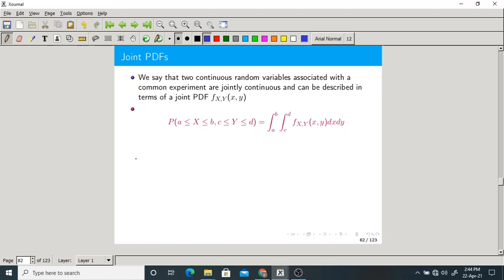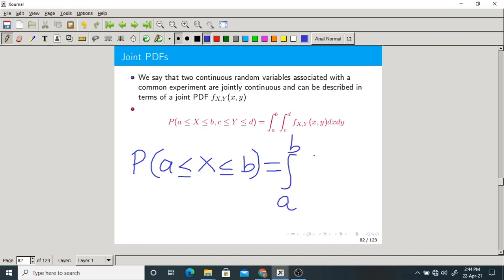Now how is it defined? If you remember properly, in the last classes I told you that P of a less than x less than b is nothing but the probability that x lies between a and b. It is simply integration a to b of fx of x dx, isn't it? Now in the same way we write the formula for joint PDF.